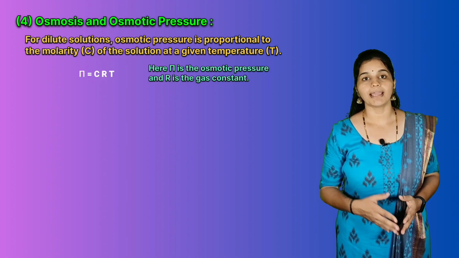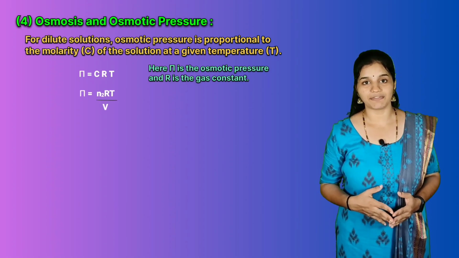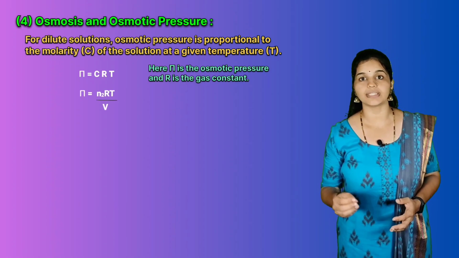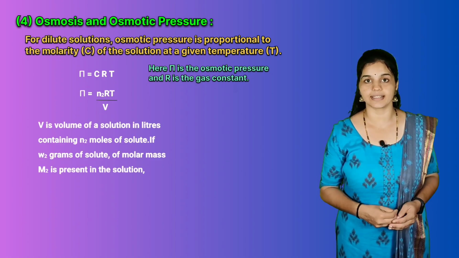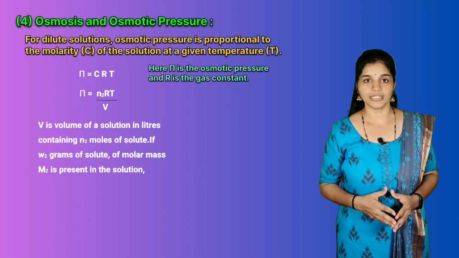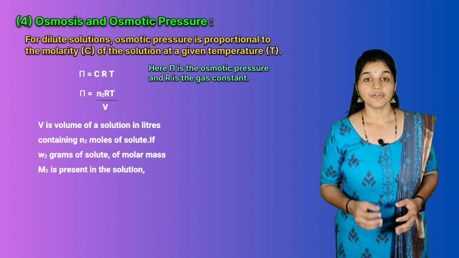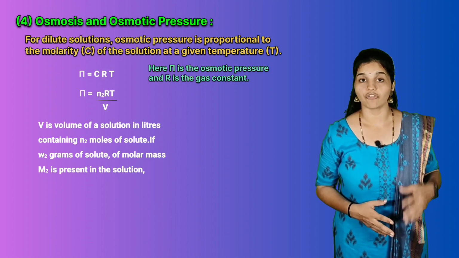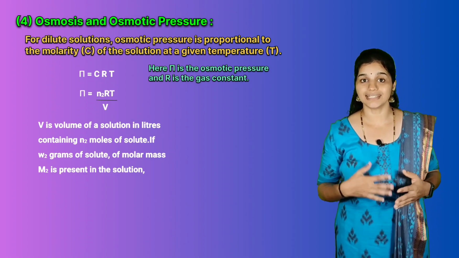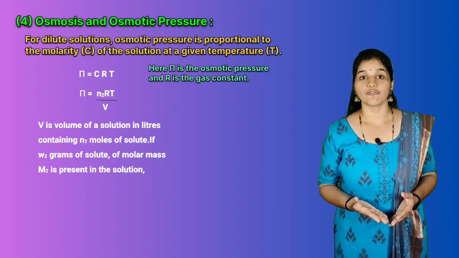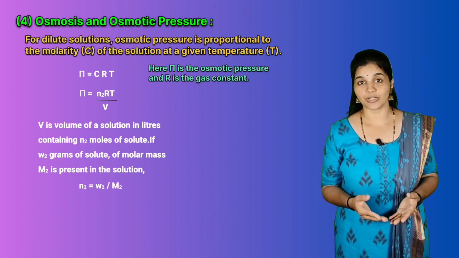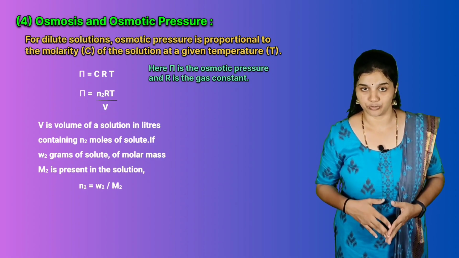And we can write pi is equal to n2 divided by V into RT, where V is volume of the solution in liters containing n2 moles of the solute. If W2 gram of solute of molar mass M2 is present in the solution, then number of moles n2 is equal to W2 divided by M2.